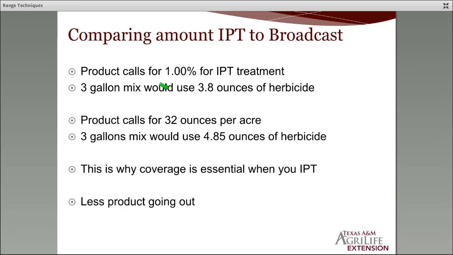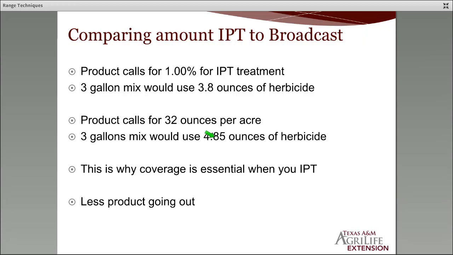Well, let's take an example, and say we're going to spray prickly pear. Let's say the product calls for 1%, so a 3-gallon mix would use 3.8 ounces of herbicide. Let's say a product calls for 32 ounces, a quart to the acre. A 3-gallon mix of that would use 4.85, nearly 5 ounces of herbicide.